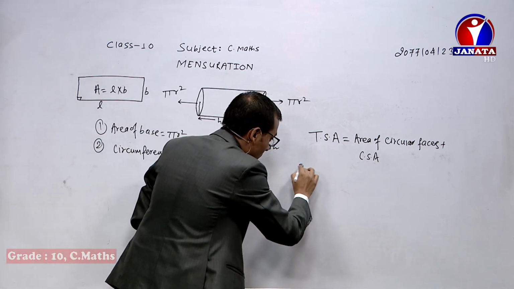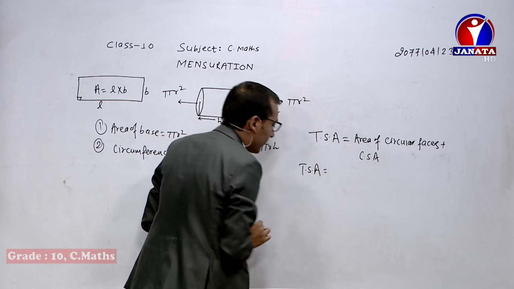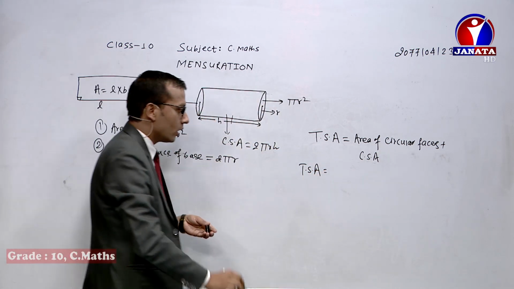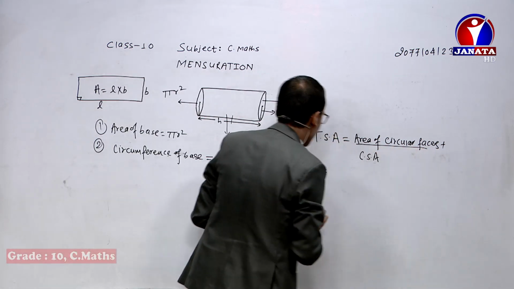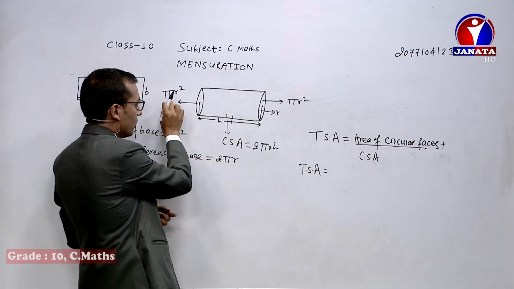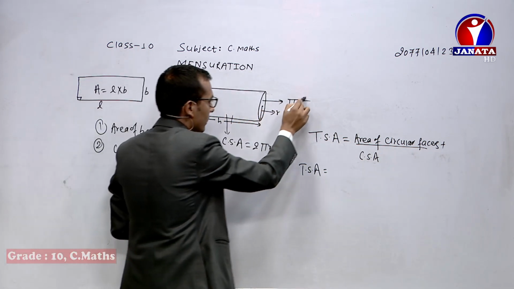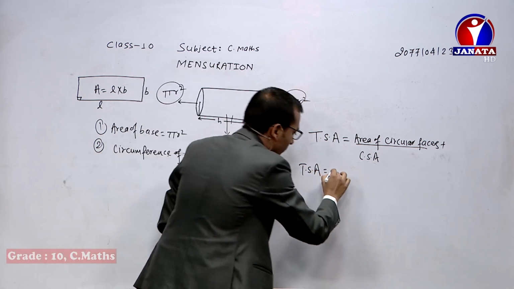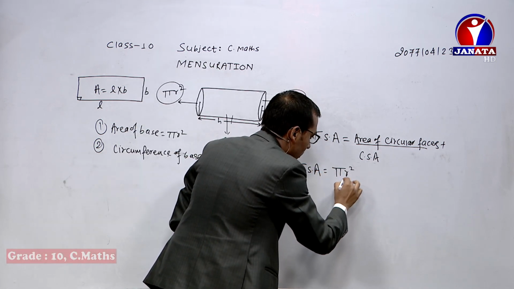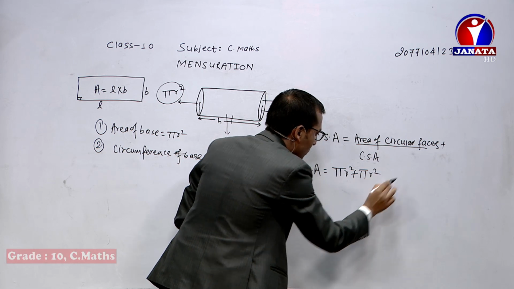So total surface area is equal to the area of circular faces. There are two circular faces: this one is the first end, and this is the other end. So pi r square plus pi r square.